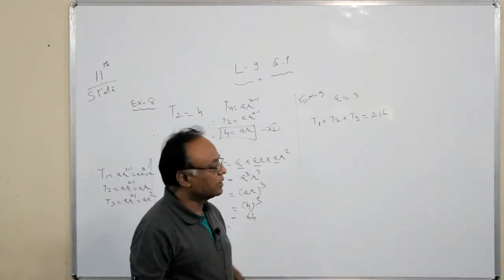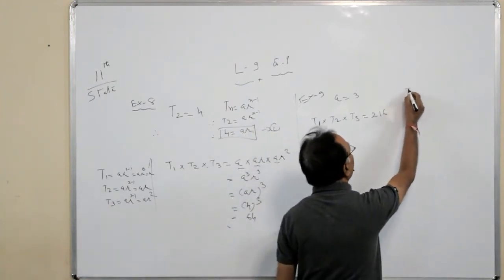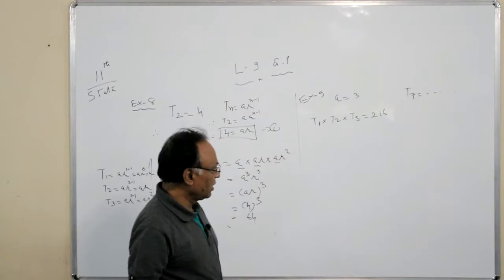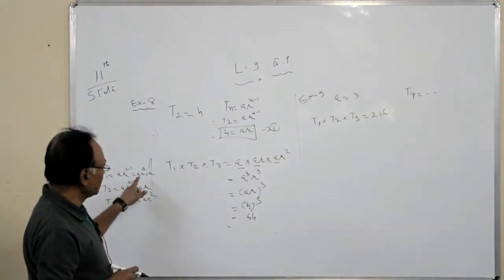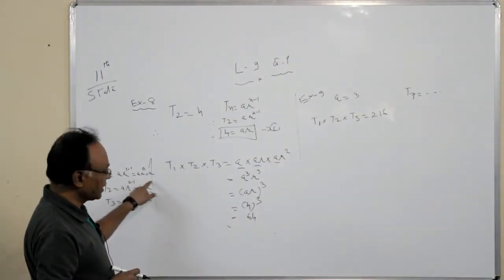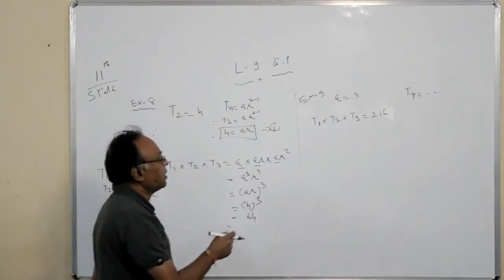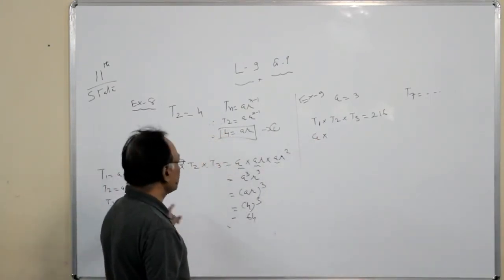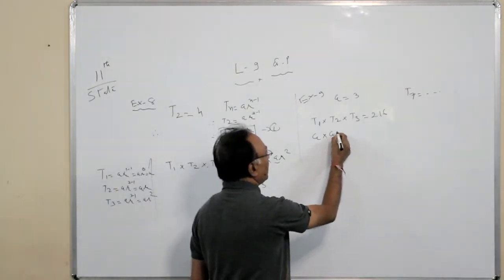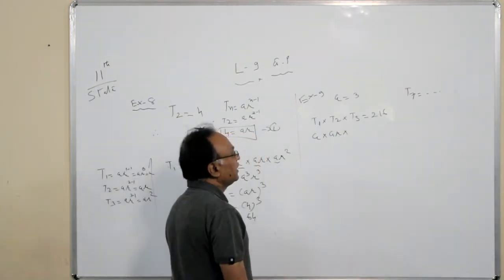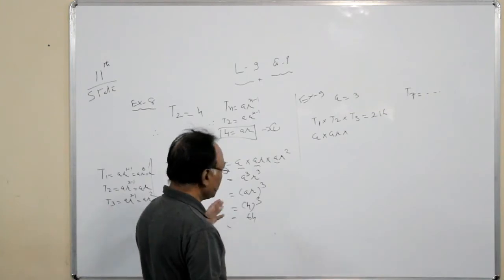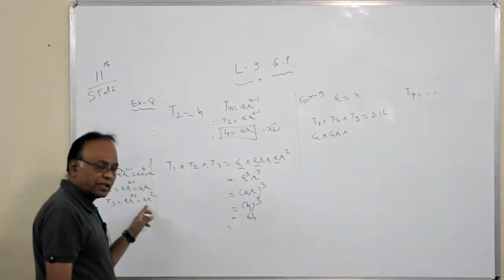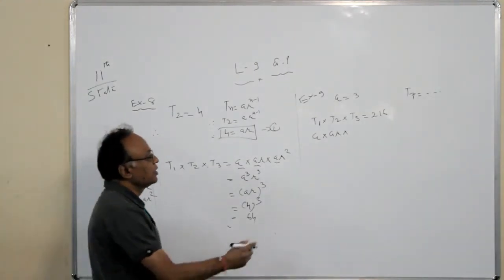We want to find T7. Now what is the general format here? As in previous examples, T1 is A, T2 is AR, T3 is AR square.